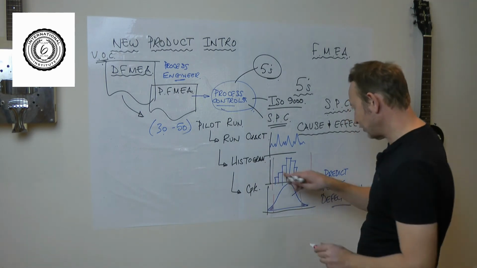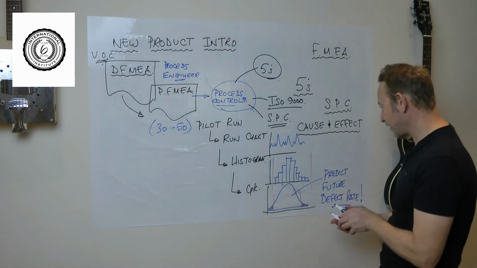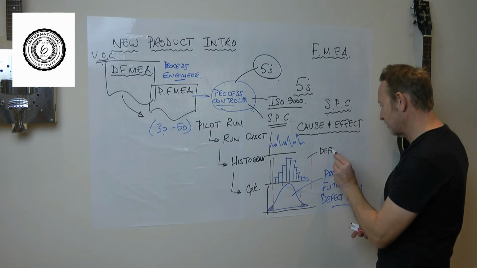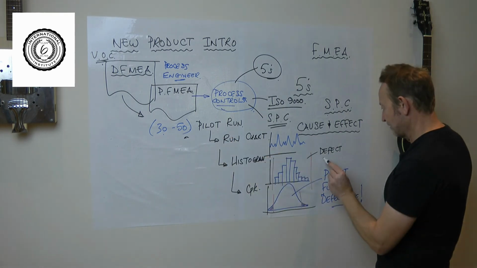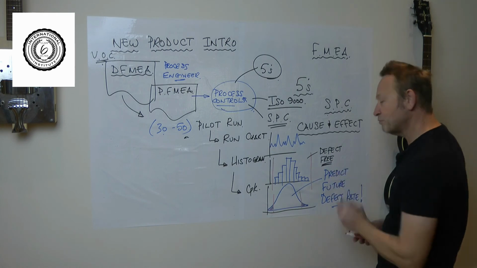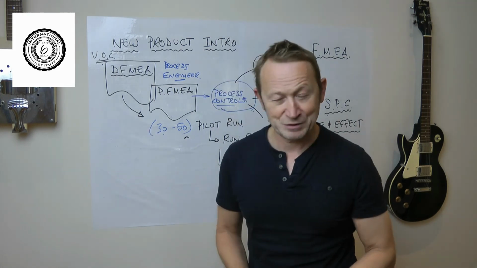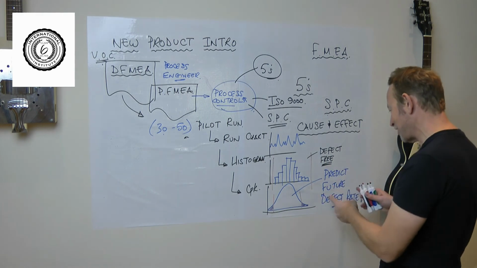If you look at the histogram and everything is defect free, and you assume that because your pilot run is defect free, the future is going to be defect free, you will be making a big mistake.